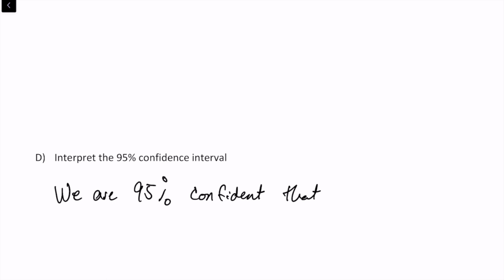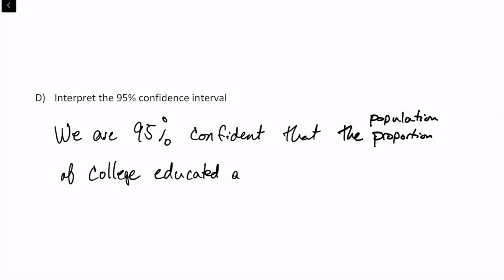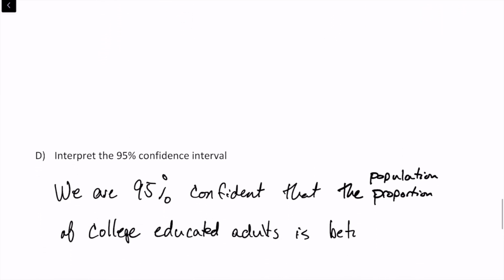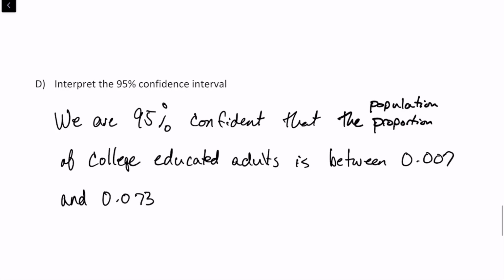We are 95% confident that the population proportion of college-educated adults is between 0.007 and, what was the other value, 0.073 points higher than non-college educated adults.